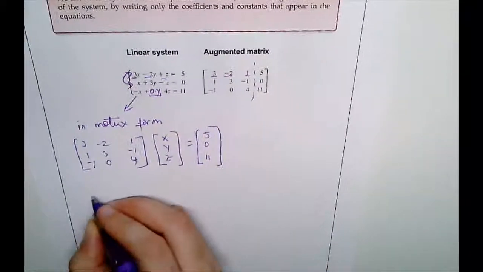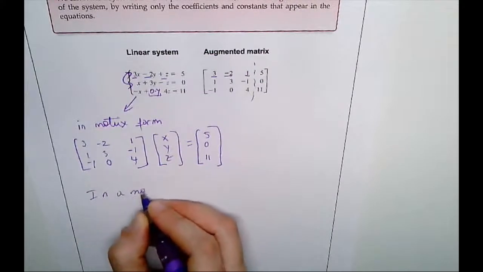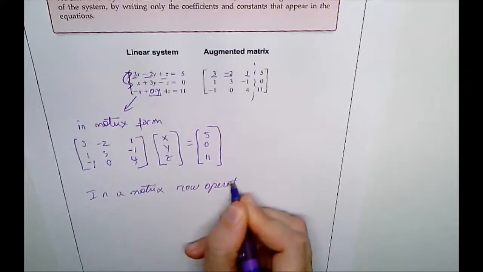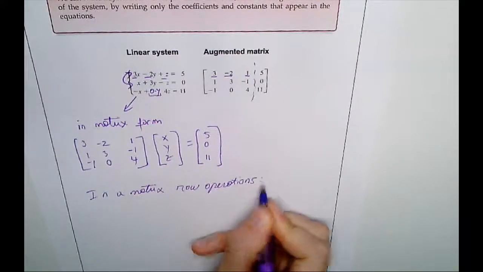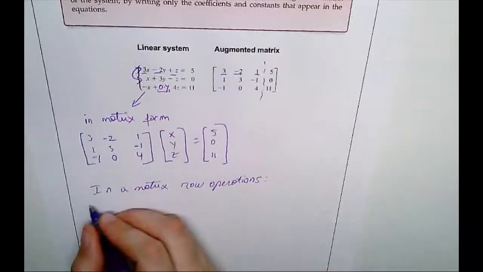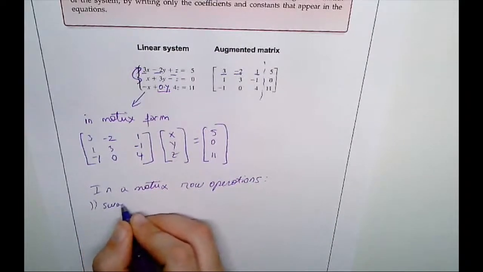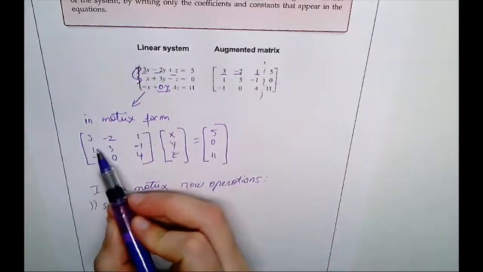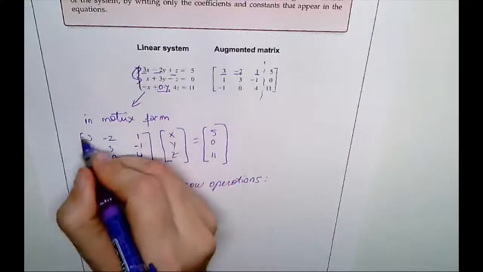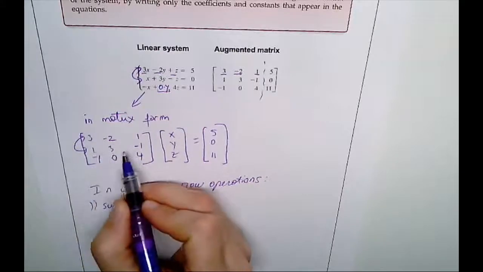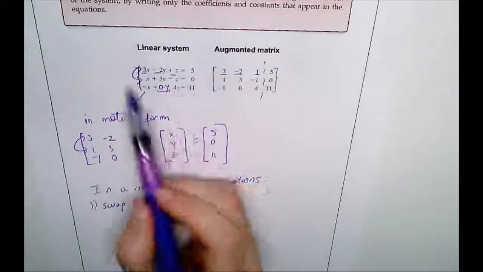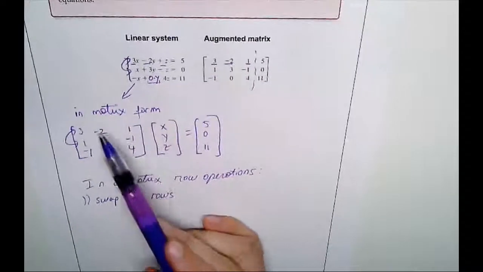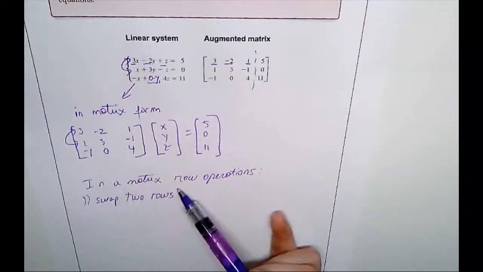So in a matrix, row operations that we are allowed to do without changing the matrices are swap two rows. Okay, so if I write 1, 3, -1 first and then this one second, this is the same as rewriting the system in a different order, which does not change the system. So swapping 2 rows in a matrix is not going to change the matrix.